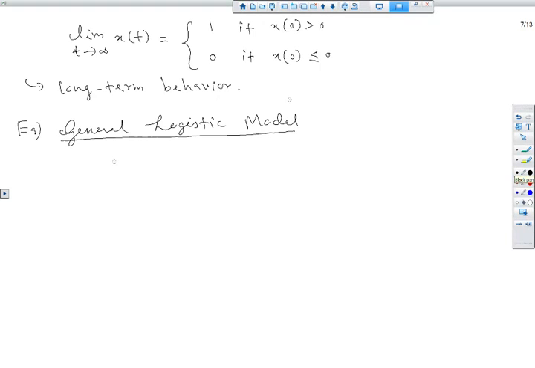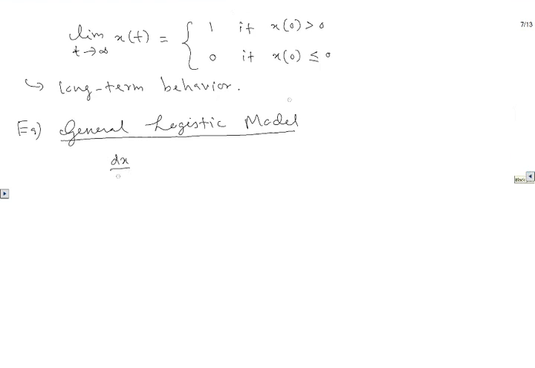We write this one as dx over dt equal kx(m minus x), and we add what we call a harvesting term.